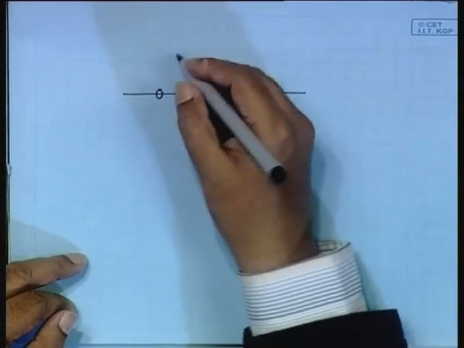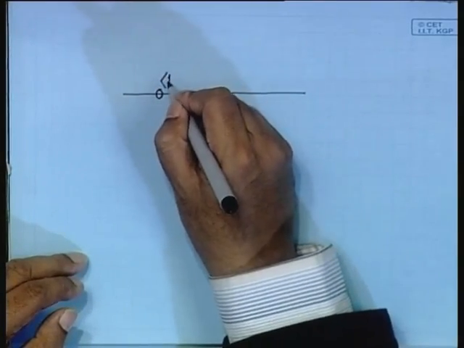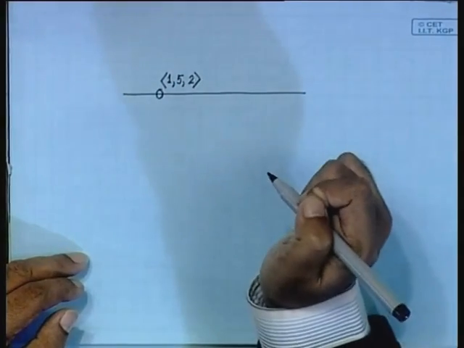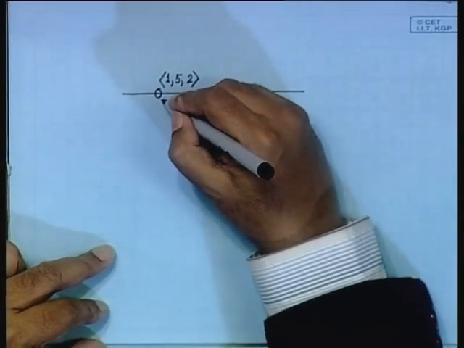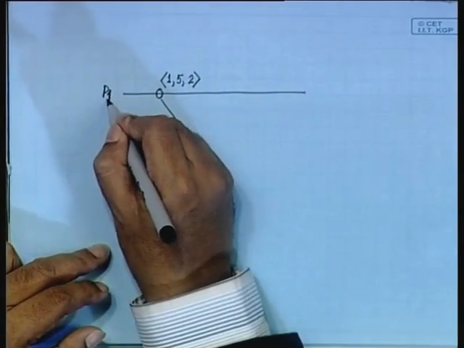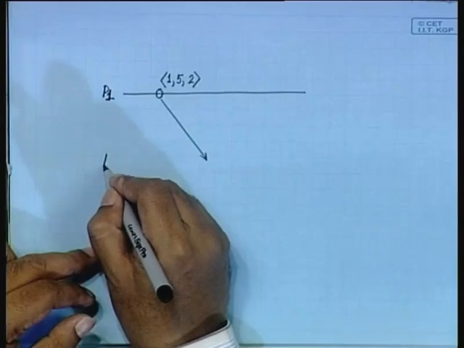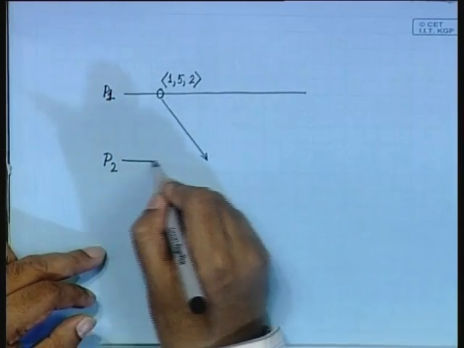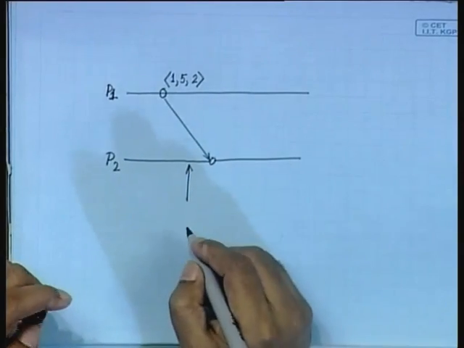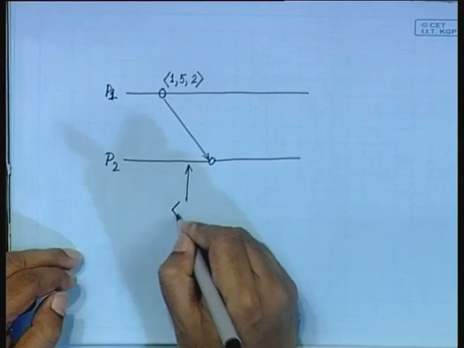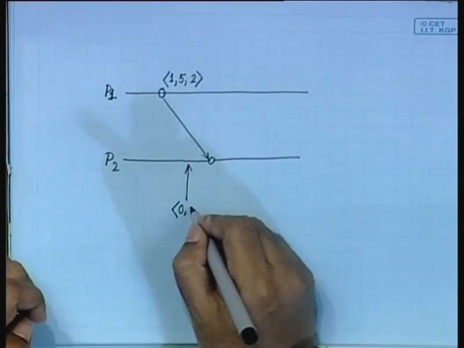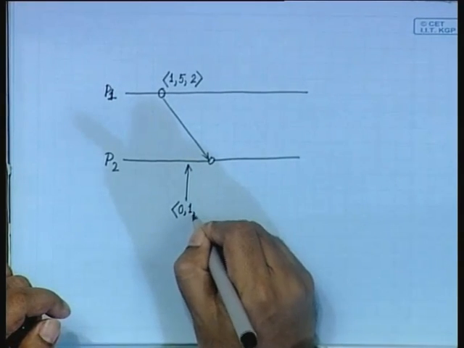Suppose the clock here was 1, 5, 2, and this message, this is Pi, this is P1 let us say, and let us say it reaches P2, and the clock value here for P2 was 0, okay, let us say 1 and 7.